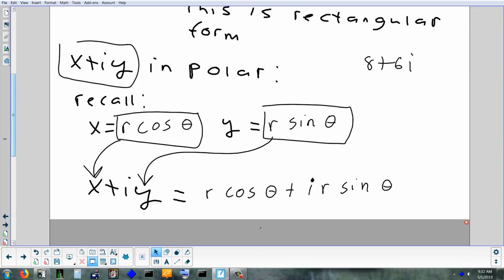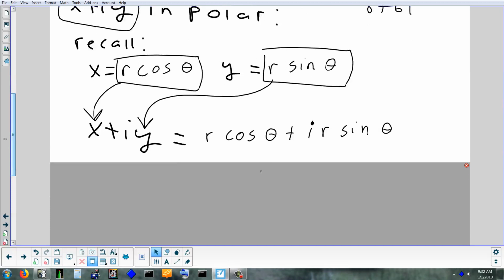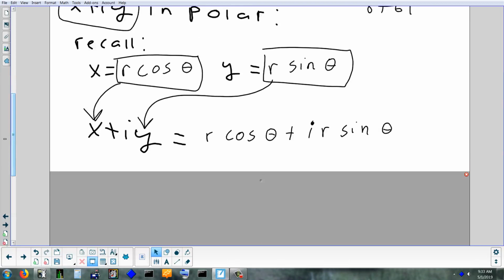Now, I see something written twice there. If I see something written twice, there's a way to shorten it so I only have to write it once. If you look before the trig functions, they both have what letter? R. They both have an r. Whenever you see the same thing in two different spots, separated with a plus sign, you can factor it out.